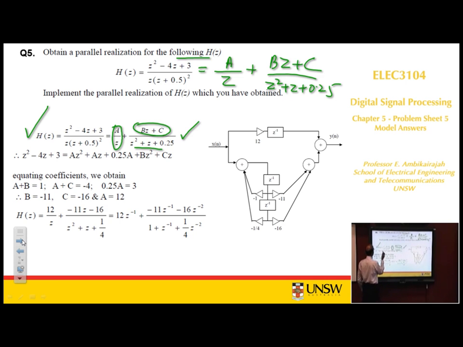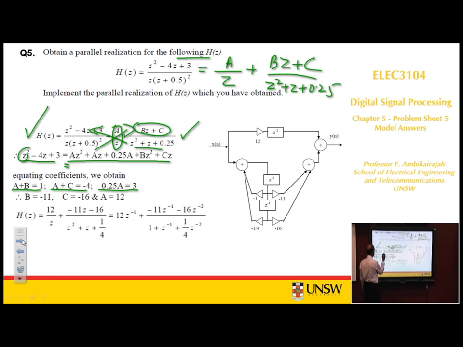Now you cross multiply, and you get an equation that's equal to that. Now you equate the coefficients. You have second order equal to second order, first order equal to first order, and constant equal to constant. So equating the coefficients on both sides, a plus b equals 1, a plus c equals that, 0.25 a is your constant.